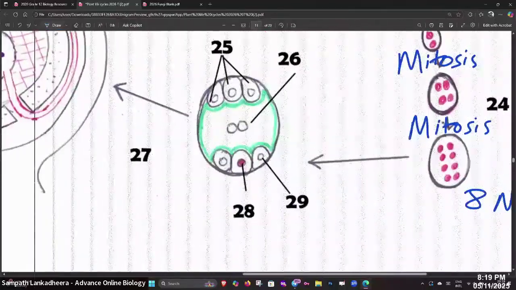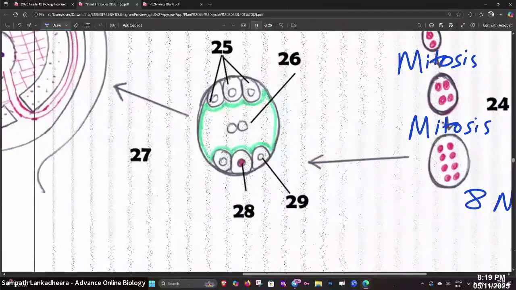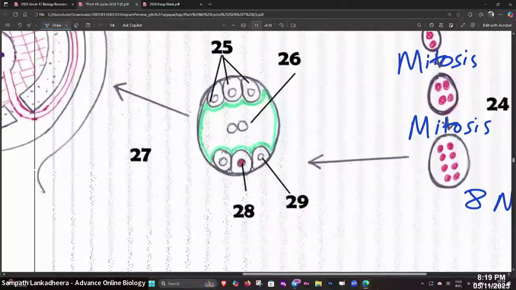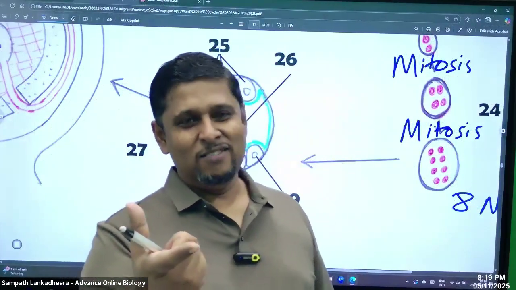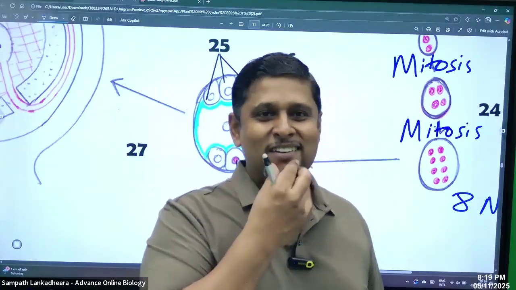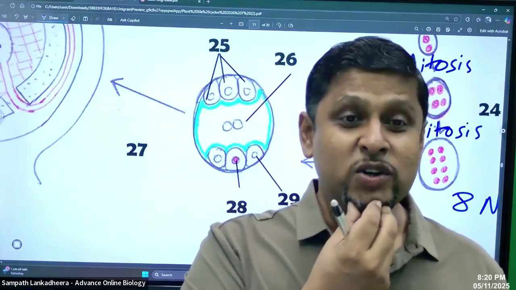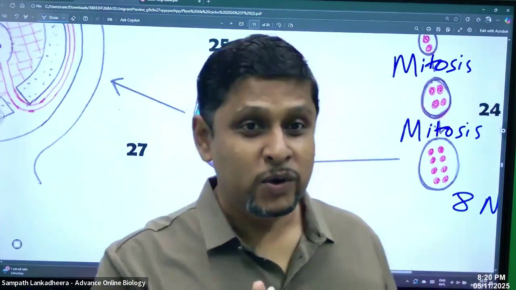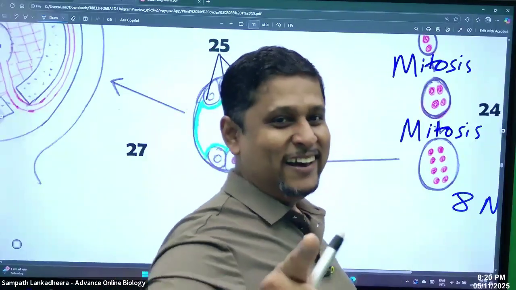These 8 nuclei rearrange and form the female gametophyte. 27 is female gametophyte. So what do you call the female gametophyte? No, not synergid. Not archegonia.